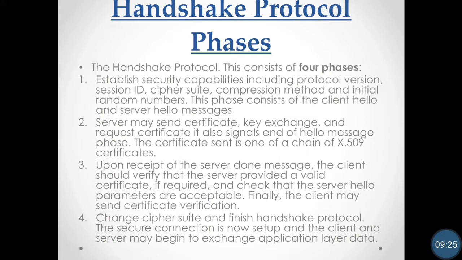We describe all these 4 phases of the handshake protocol here. First, establish security capability including protocol version, session ID, cipher suite, compression method and initial random number.